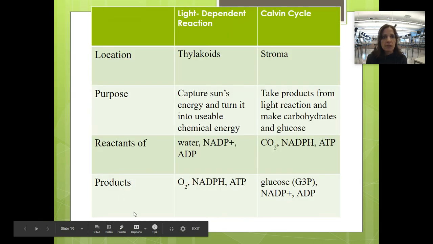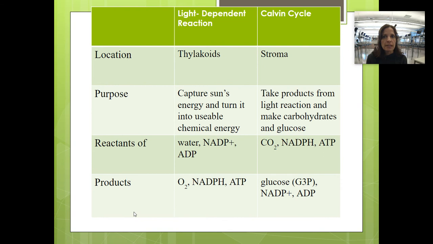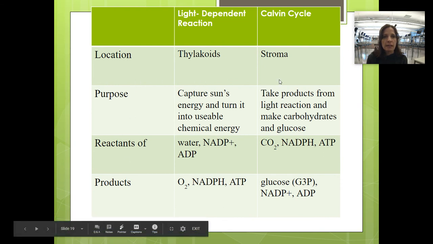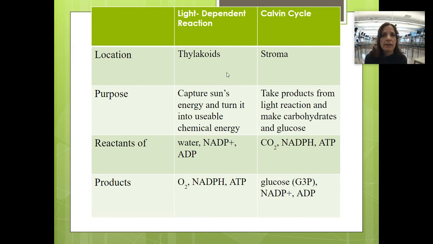Okay, so this is the picture, right? Or the table that I wanted you to try to fill in. So if you haven't filled it in, go ahead and fill it in. So the light-dependent reaction happens in the thylakoids, those pancake-looking structures.